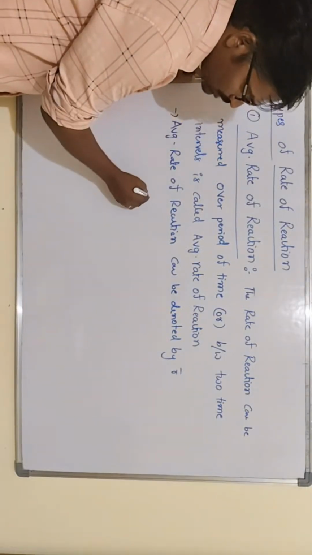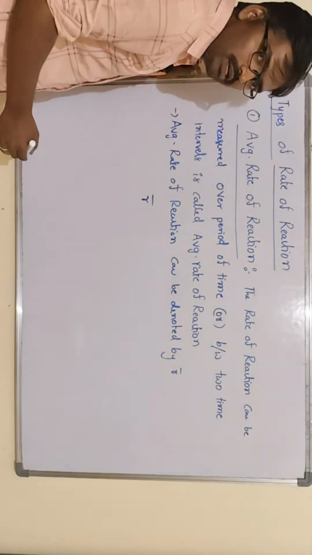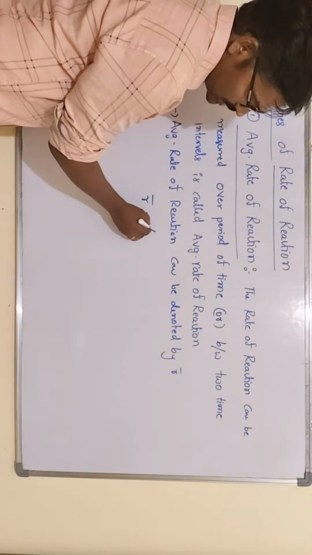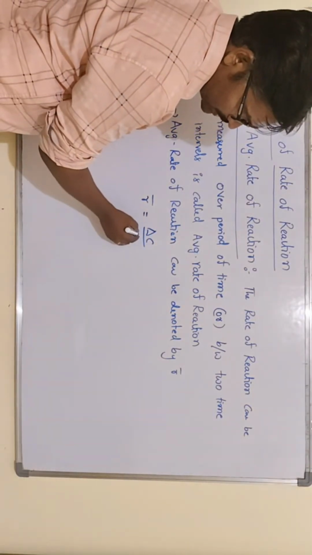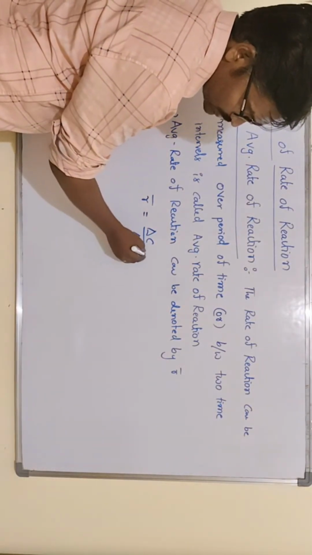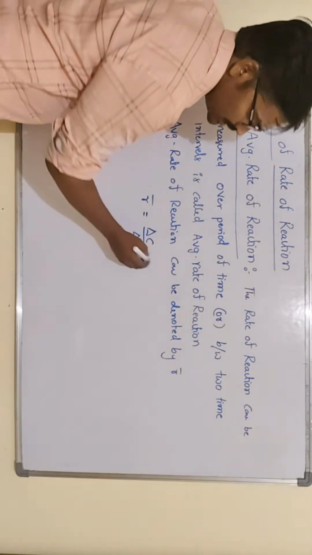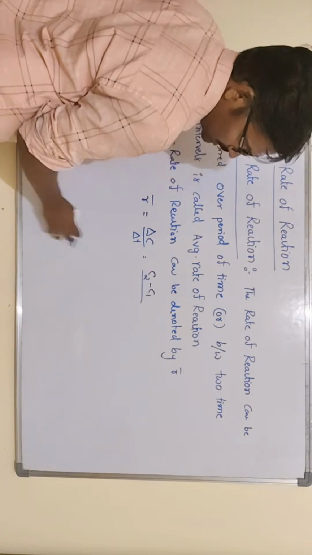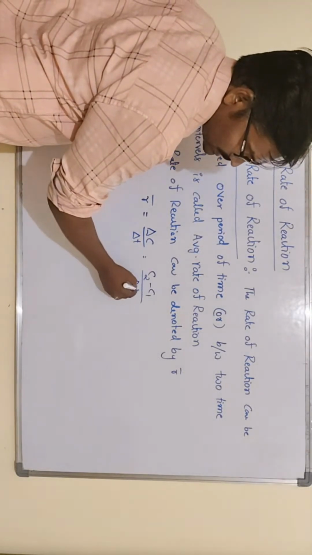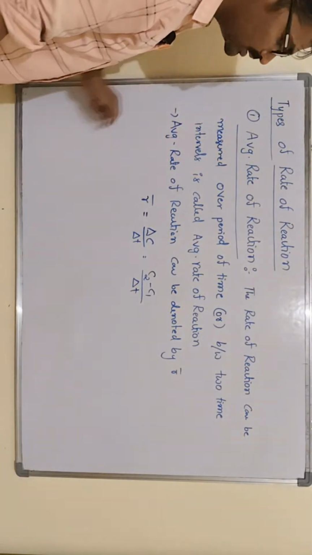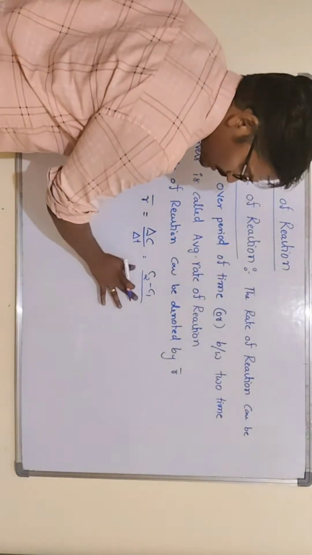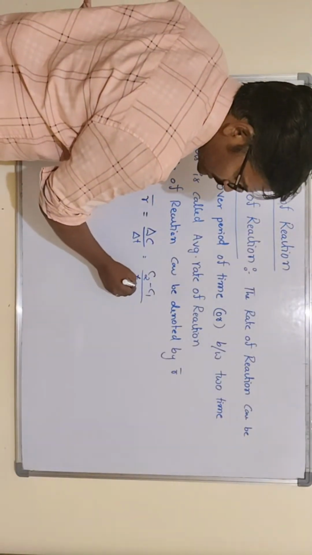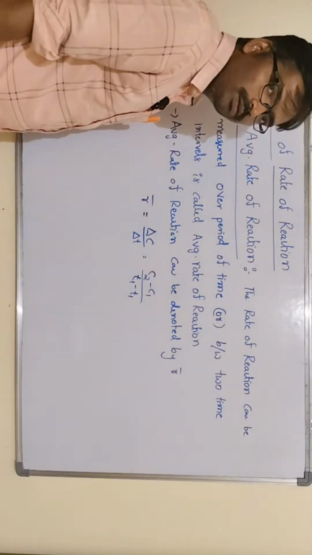R bar, that is average rate of reaction, equals the change in the concentration divided by the change in the time. Change in the concentration is C2 minus C1, divided by delta T, which is T2 minus T1.